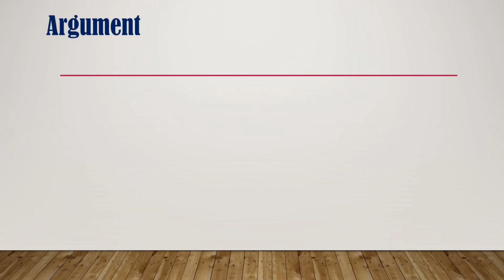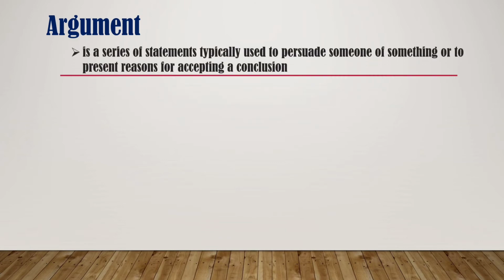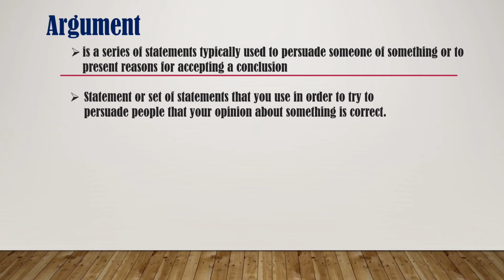So what do we mean by argument? An argument is a series of statements typically used to persuade someone of something or to present reasons for accepting a conclusion. In other words, it is a statement or set of statements that you use in order to try to persuade people that your opinion about something is correct.